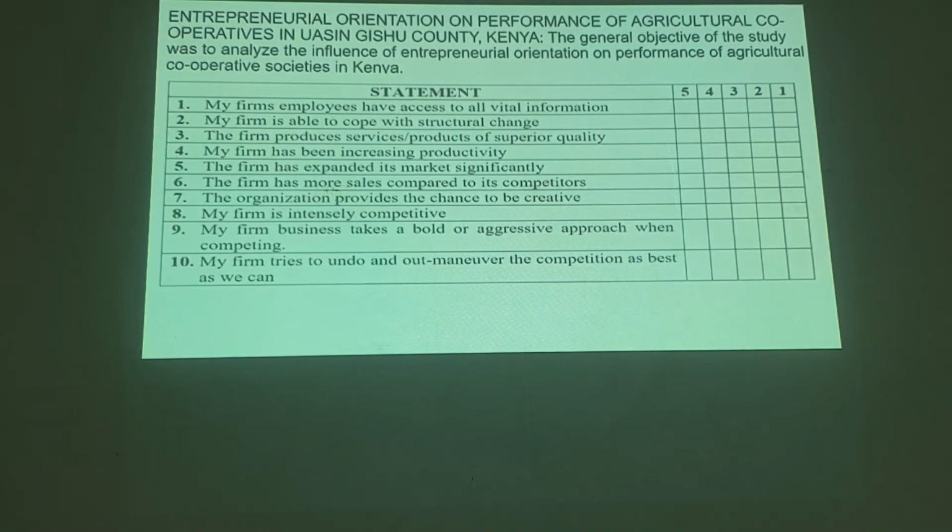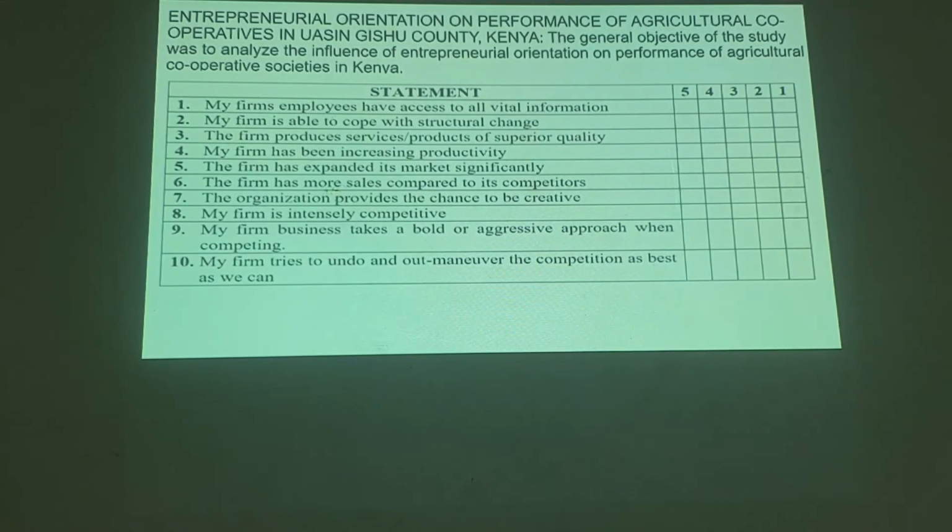Look at the statement: My farm's employees have access to all vital information. 5, 4, strongly agree, don't know, disagree, strongly disagree. My farm is able to cope with structural change. Again, these questions were preset, probably from data review or elsewhere, and they are given to the respondent.